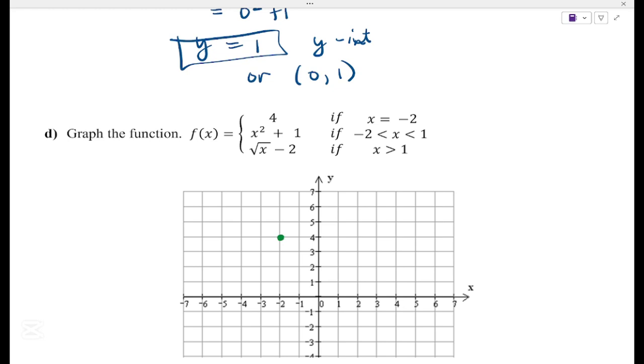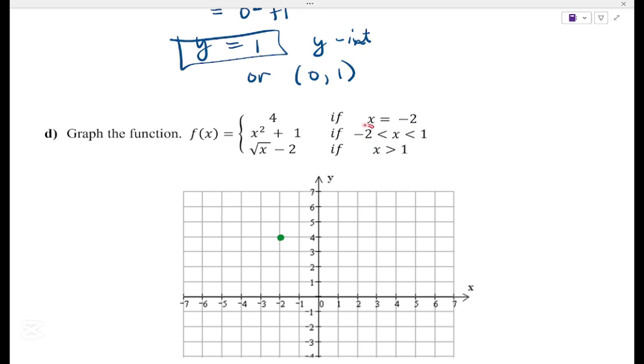Next, the second equation, it looks like a parabola, a square function moved 1 unit up. Remember, the square function is like this, and then we have to move 1 unit up, so it should be like that. The graph of this parabola is only from negative 2 up to 1.